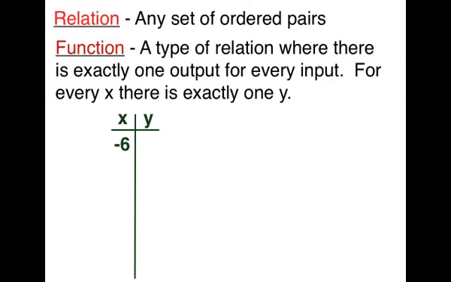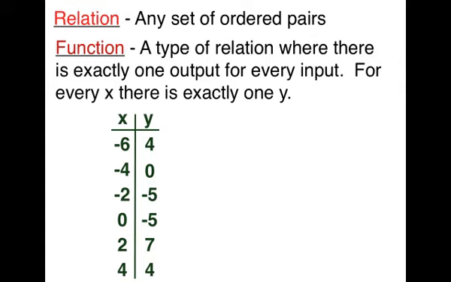So here's our t-table, and we have our x and our y values, our domains, our ranges, our inputs, our outputs. And if you look through these, you'll see that you got -6, 4, -4, 0, -2, -5, 0, -5. And the way I've explained this is to think of the x value, the domain, as a phone number.